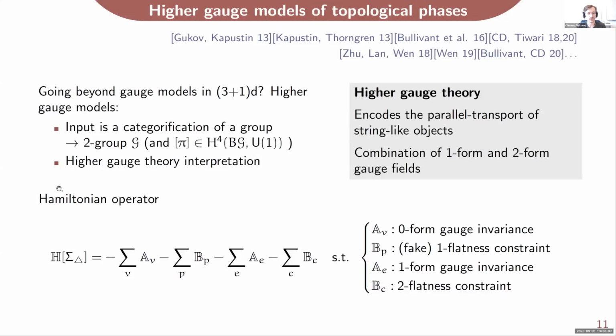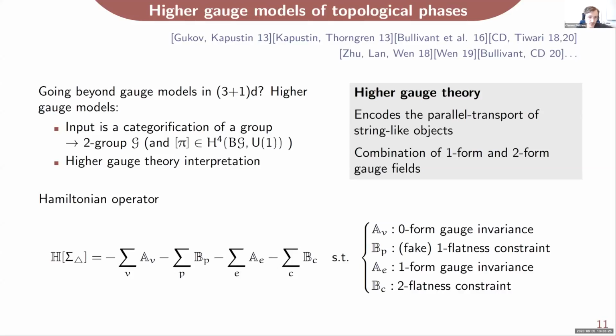Generically, these Hamiltonians will have four terms. The first two terms are analogous to the gauge models because they are with respect to the one-form. So we have the gauge invariance as before, which I will now refer to as the zero-form gauge invariance to distinguish it from the other one, and the flatness condition, which I will now call the fake one-flatness constraint.